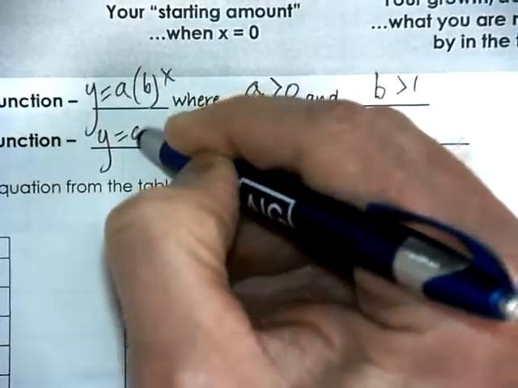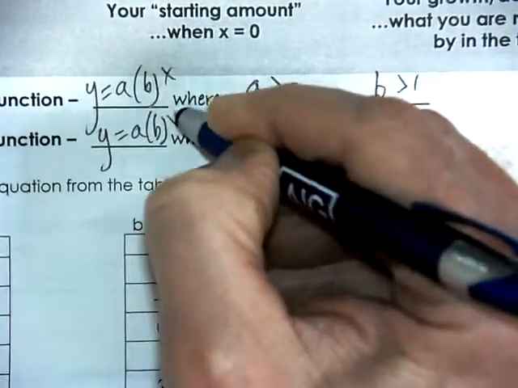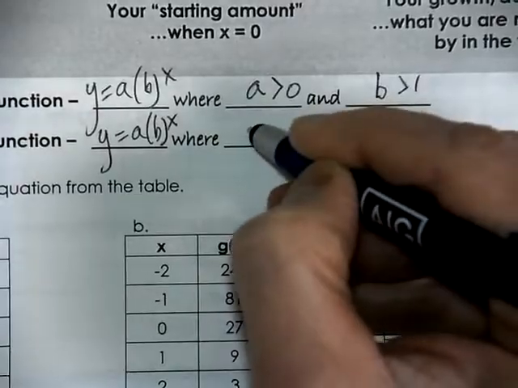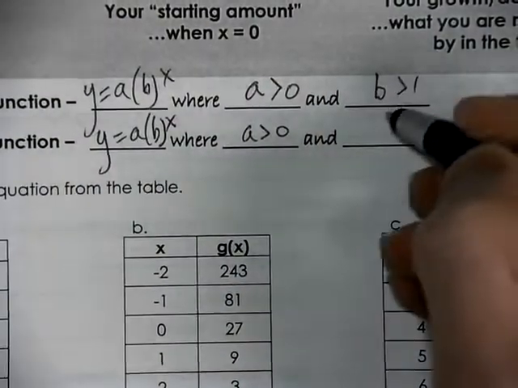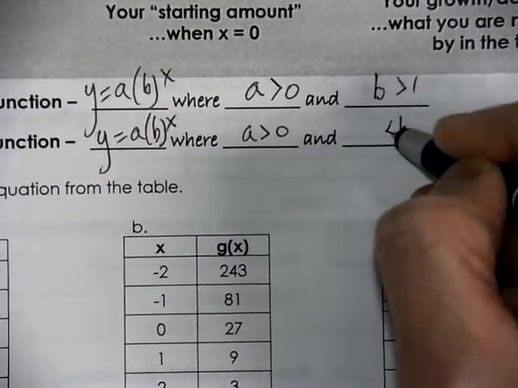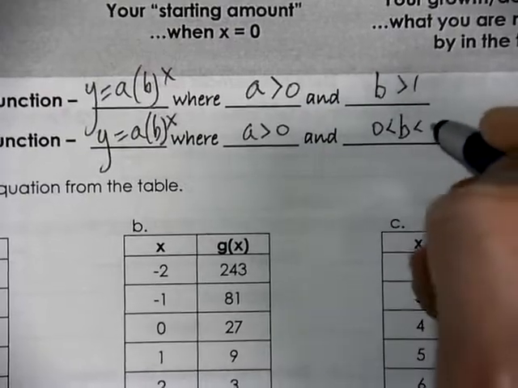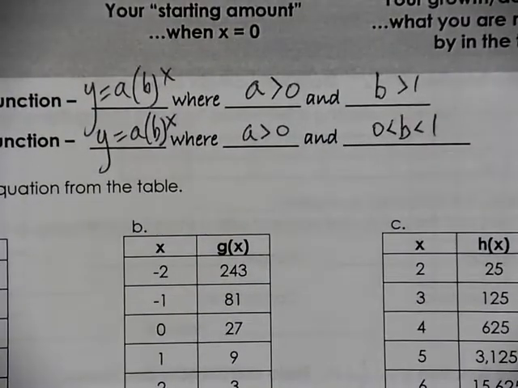Exponential decay, the equation looks exactly the same. The A value is still a positive number. The B value is still a positive number, but it is less than 1. It's between 0 and 1.